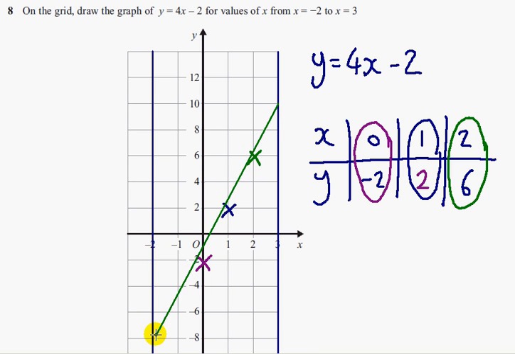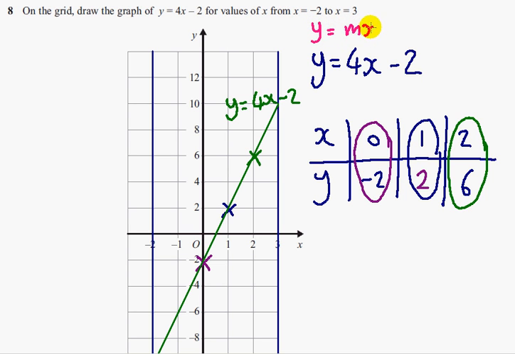Draw your straight line through those points. Okay, and you label your line. This is y equals 4x minus 2.